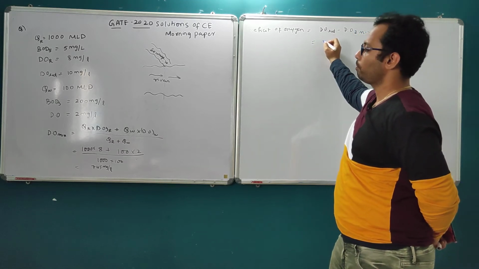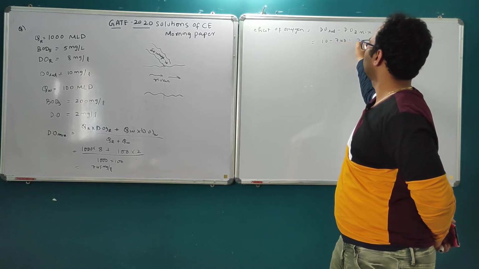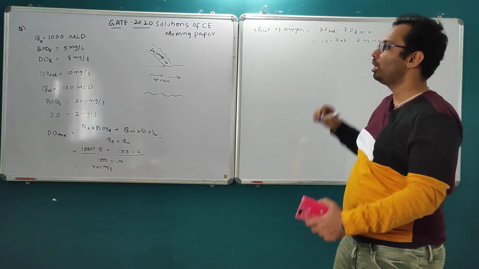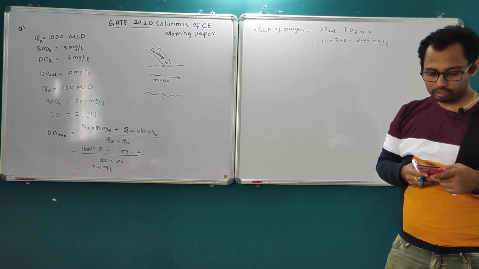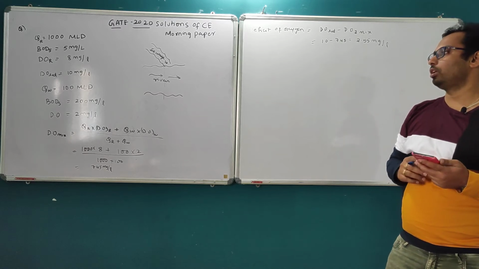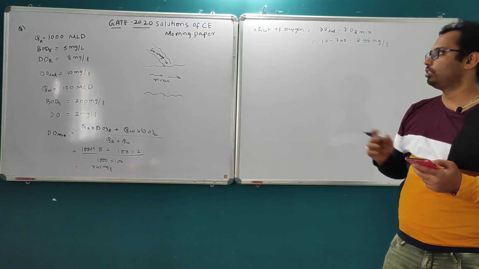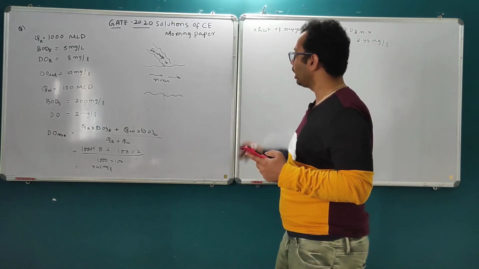That means 10 minus 7.45, that is equal to 2.55 mg per liter. This is the oxygen deficit we are having because of entry of the sewage water into the river water. Okay, this is also a very simple question. So say maximum questions in the GATE are very simple.